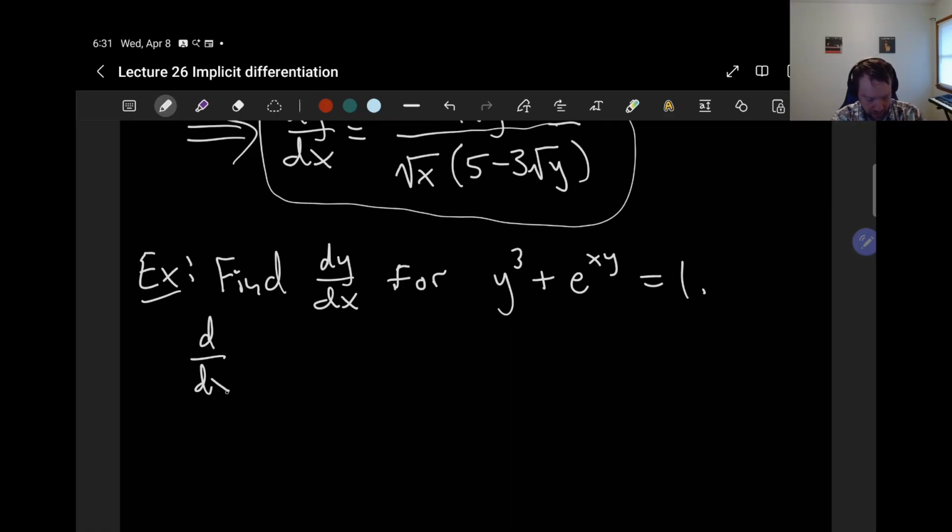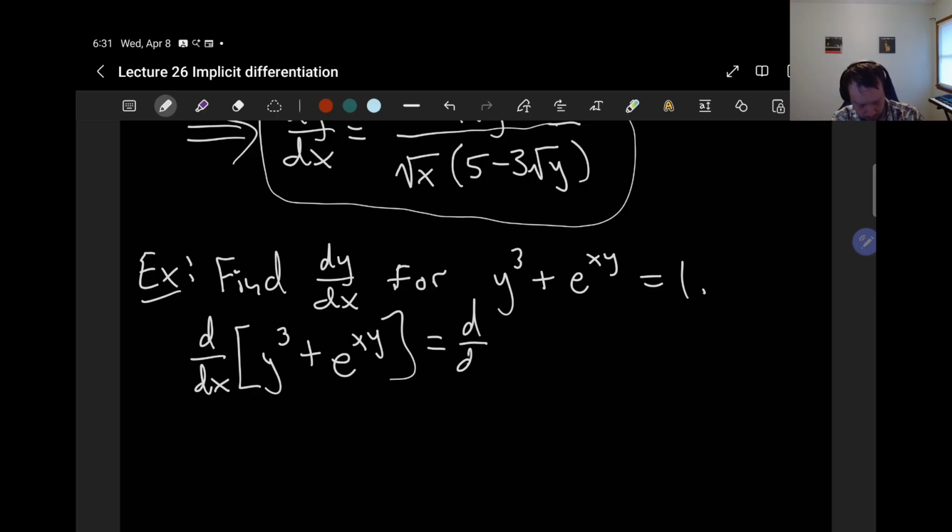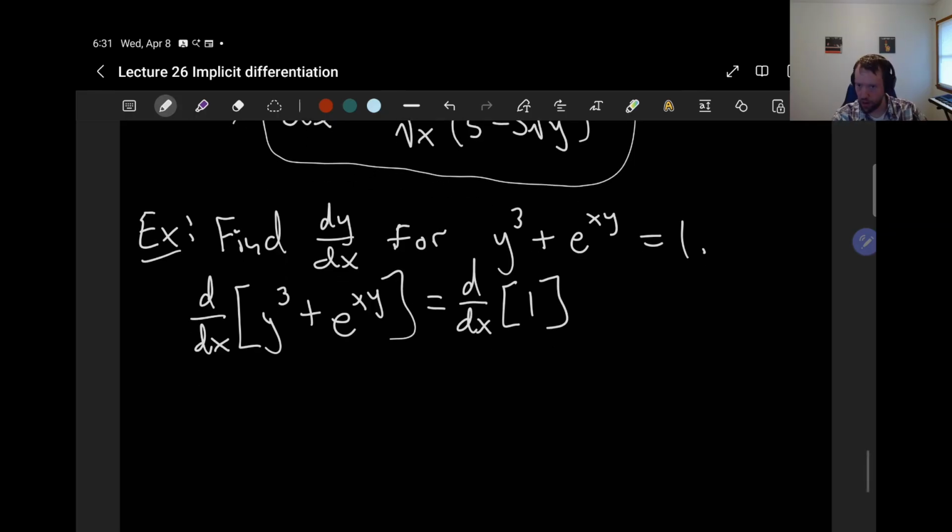So we do implicit differentiation, where we take d/dx of both sides. And whenever we encounter a y, we treat it a little bit differently because it does not match up perfectly with that x.